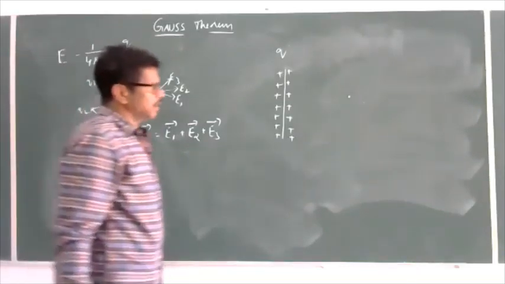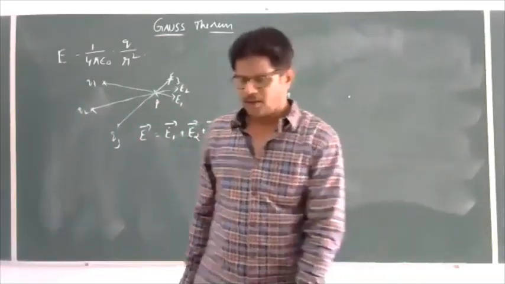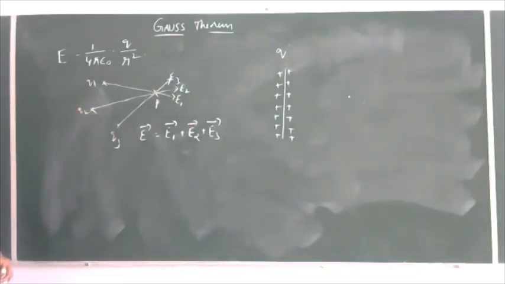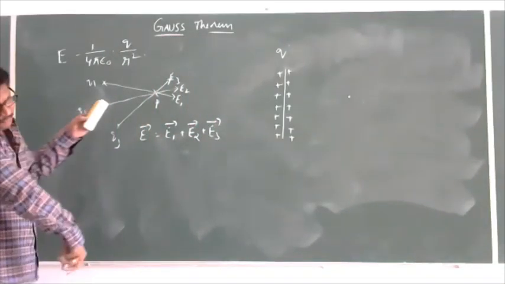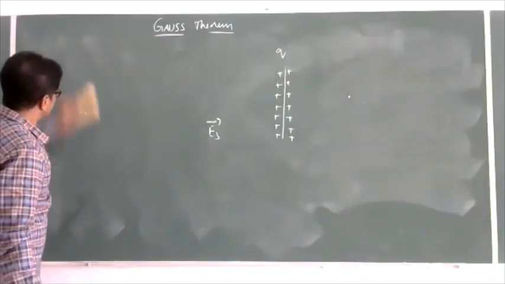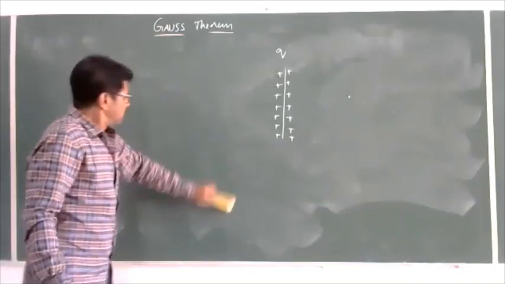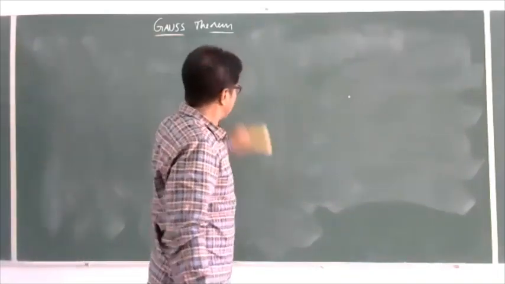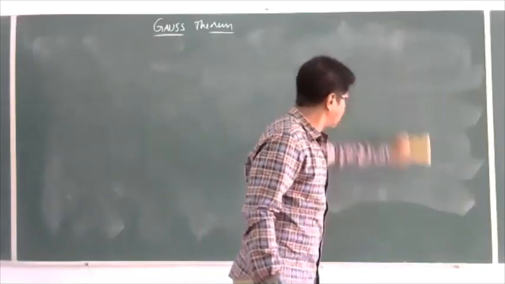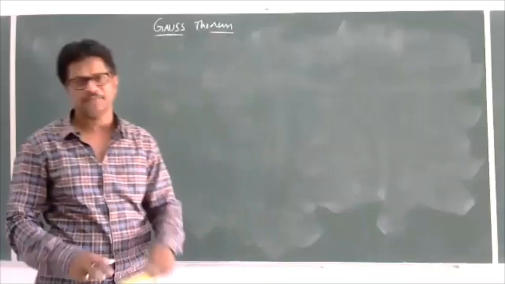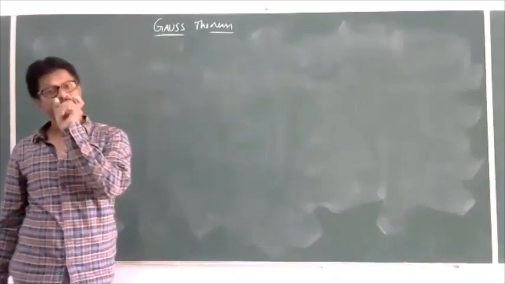Before going to the Gauss theorem, I would like to introduce one concept called electric flux. Now you have an idea when to use Gauss theorem. Whenever you find it difficult to use Coulomb's inverse square law to find the electric intensity, we make use of Gauss theorem.